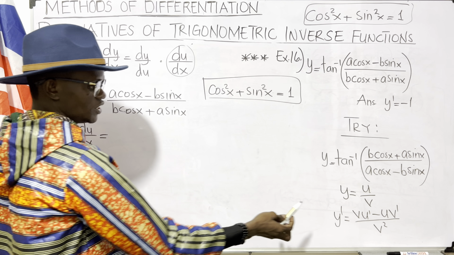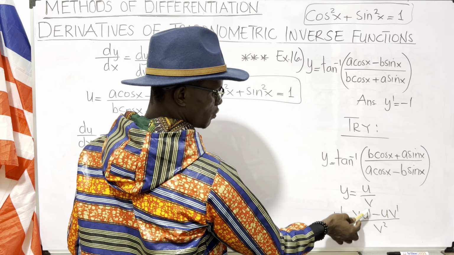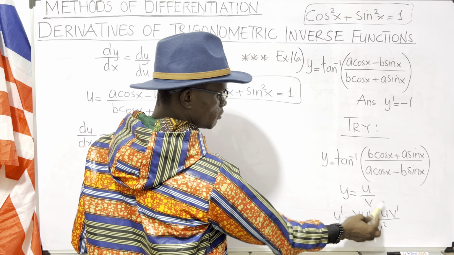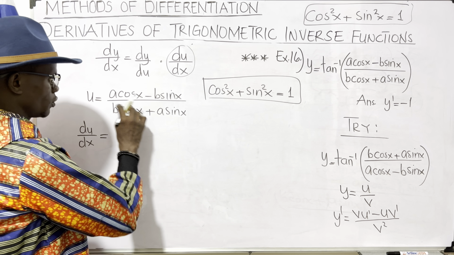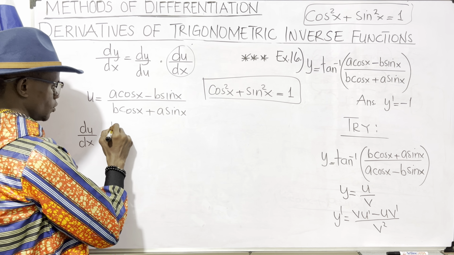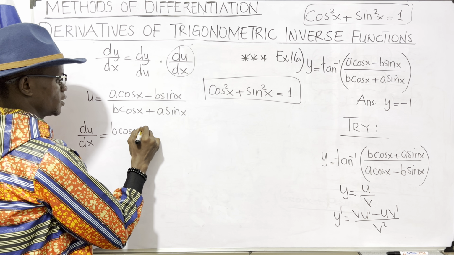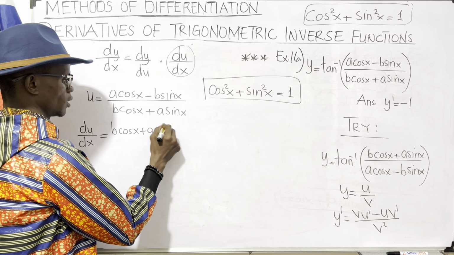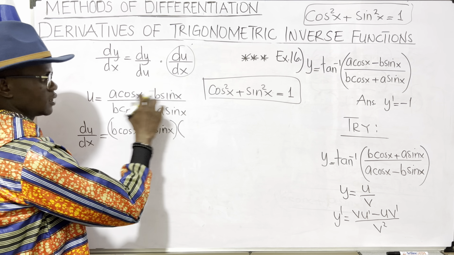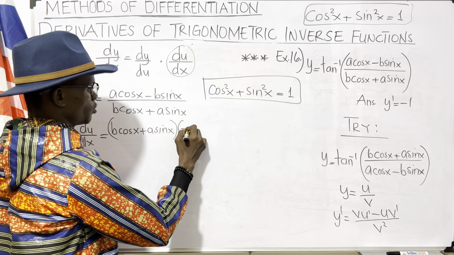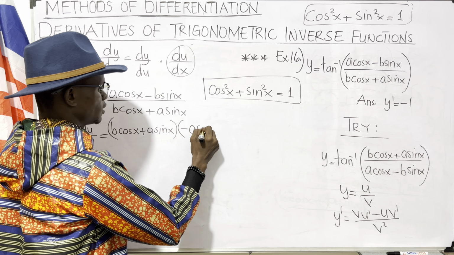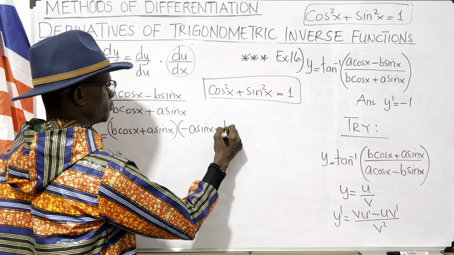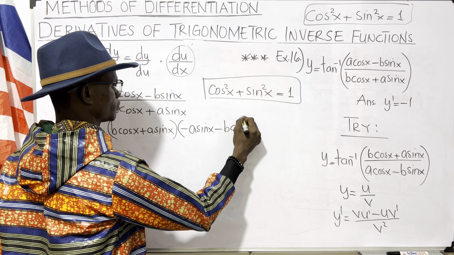That is, we hold the denominator first and differentiate the numerator, minus, we now hold the numerator and differentiate the denominator. So we hold b cos x plus a sin x, and then differentiate the numerator: minus a sin x, minus b cos x.